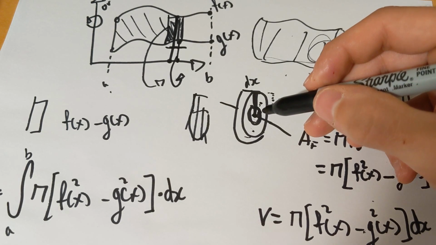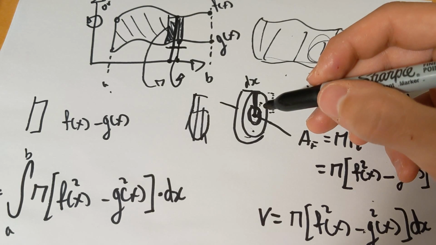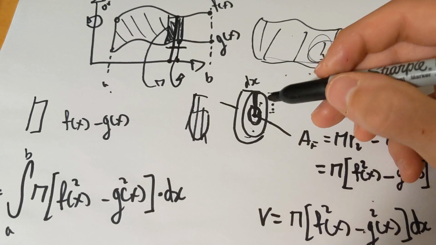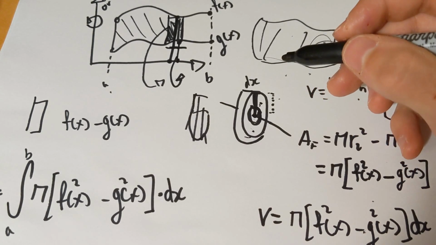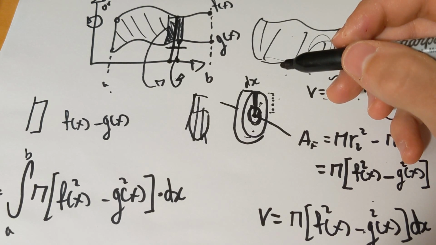Okay. So what's the shells method? Well, I'll show you. I just have to think on my feet right now because I'm doing this in one take. What's a good example? Shells method.